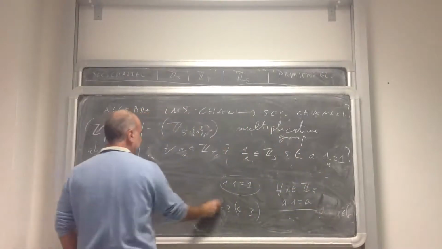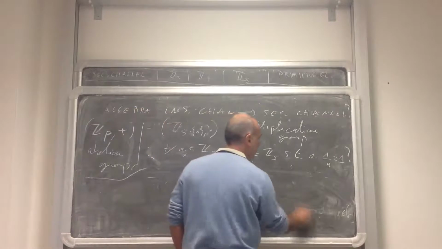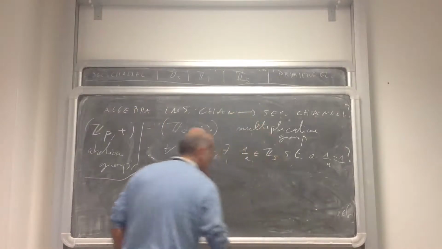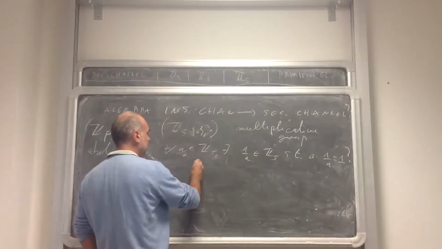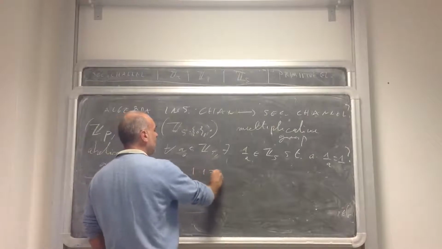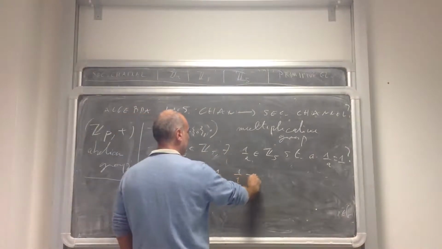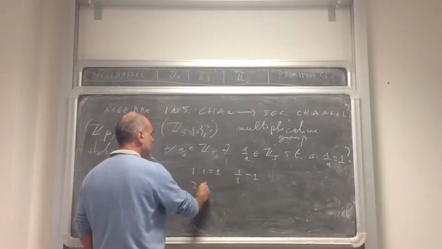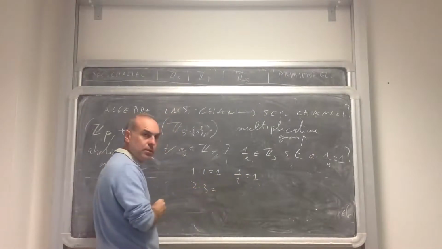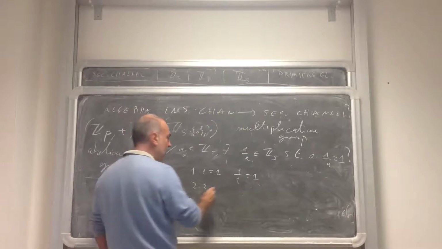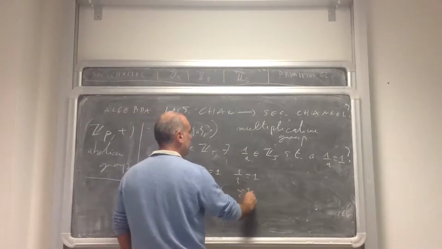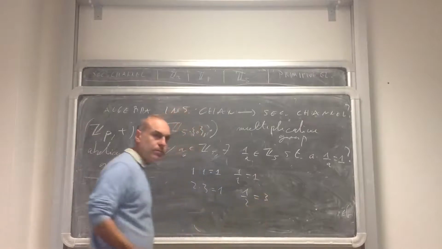Well, let's see. Can we find an inverse? Okay, what is the inverse of 1? 1 times 1 is 1. So 1 is the inverse of itself. What about 2? 2 times 3 is 6. 6 modulo 5 is 1. So the inverse of 2 is 3.